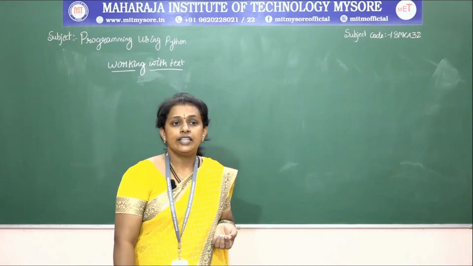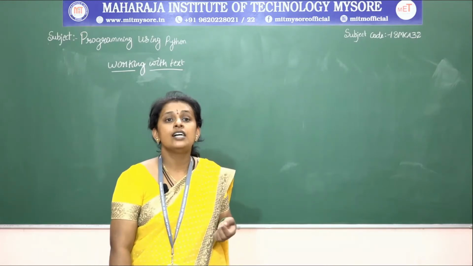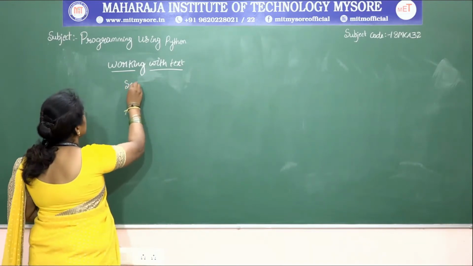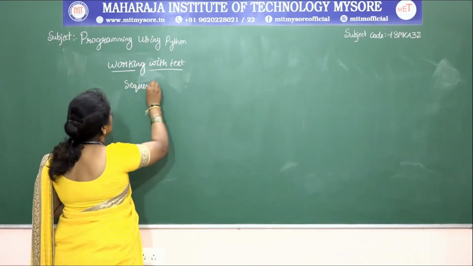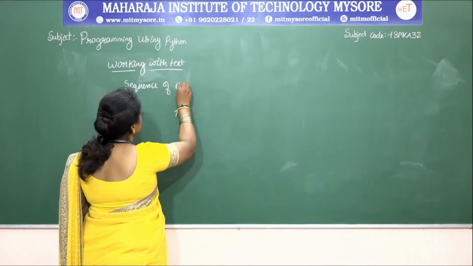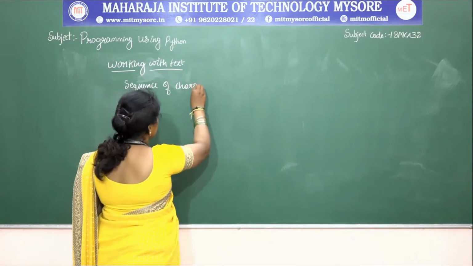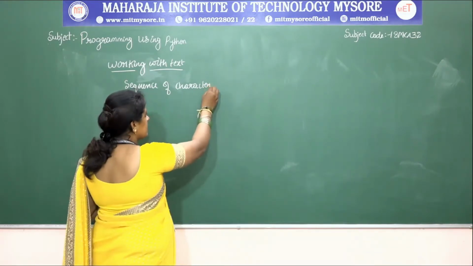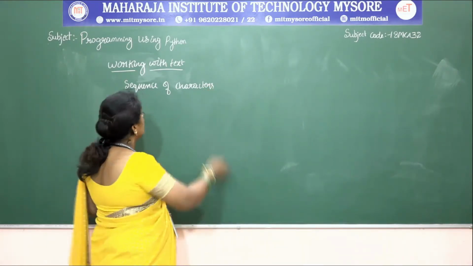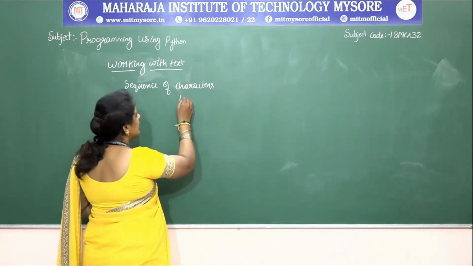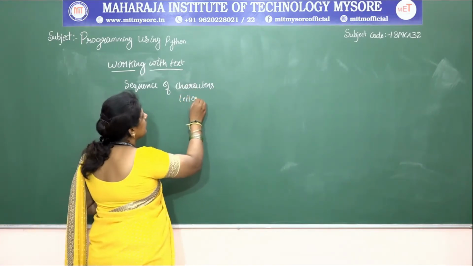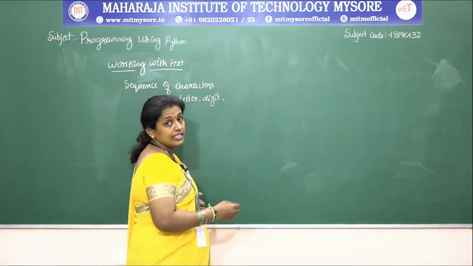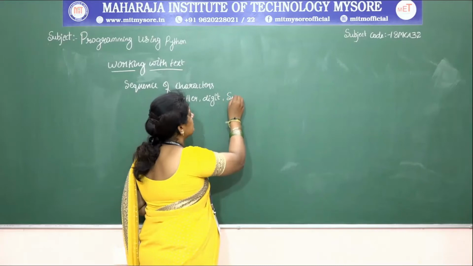Okay, the text is represented as strings. A sequence of characters is called a string. A character can be a letter, a digit, or a symbol.